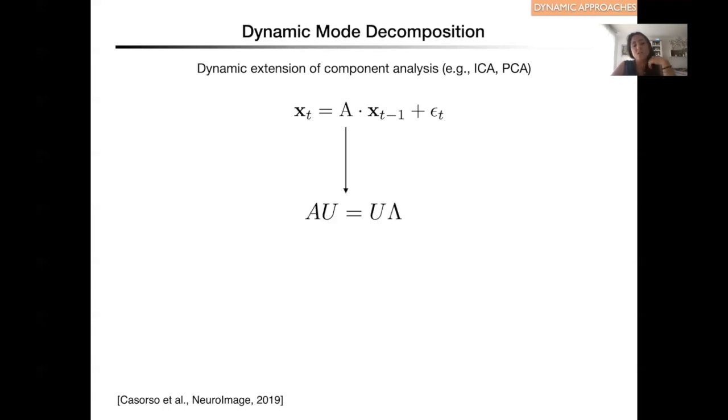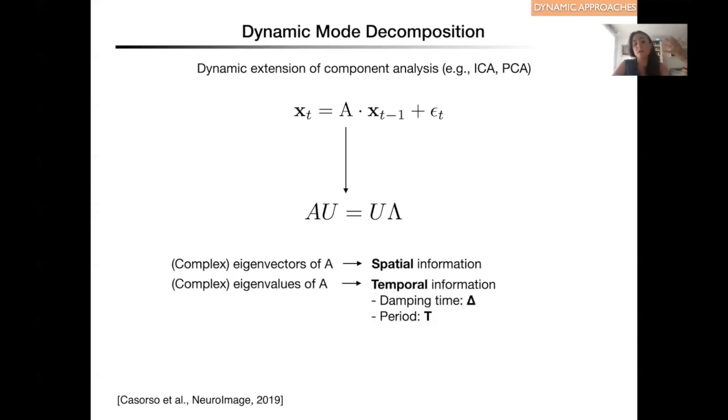Simply by eigendecomposition of the coefficient matrix A. In fact, the coefficient matrix A yields complex eigenvectors with spatial information, so spatial patterns, what we call the modes, but that are linked also to temporal information encoded in the eigenvalues of the matrix. So each spatial pattern, each eigenvector, is also related to an eigenvalue from which we can retrieve a damping time, so the time of decrease of this pattern, and also a period of occurrence of this pattern.